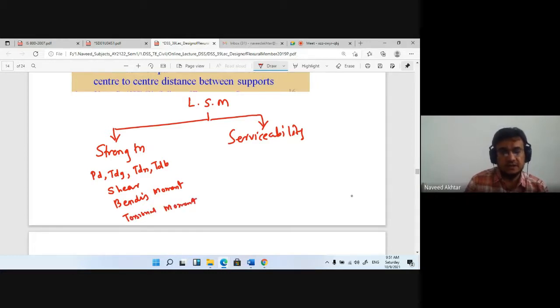These are coming under the strength criteria. In serviceability criteria, resistance to the deflection, there should not be excessive deflection. Otherwise, the structural element is not able to be used.